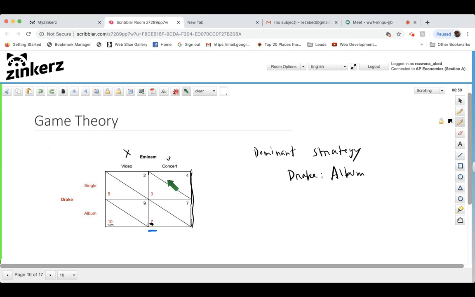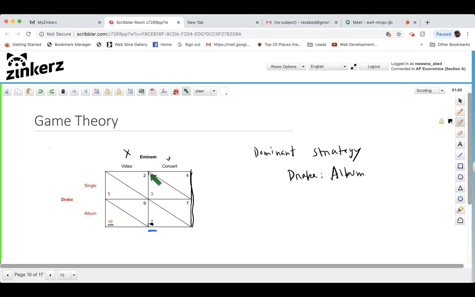So what am I looking at right now? We're looking at Eminem's numbers, comparing them and seeing which one helps us benefit. Imagine that row doesn't exist right now.